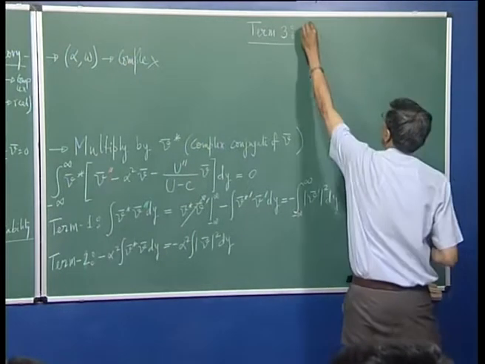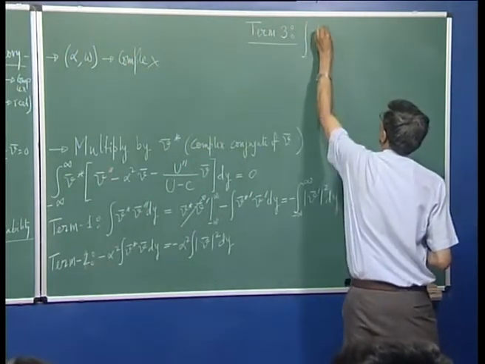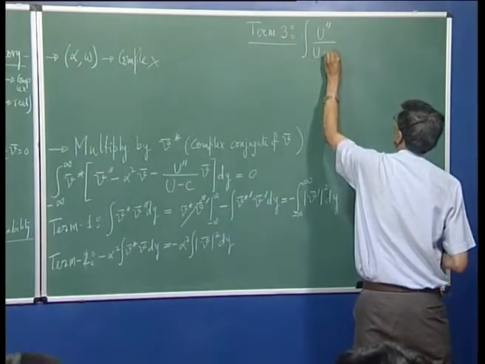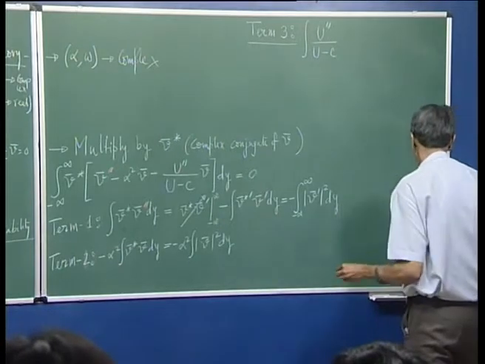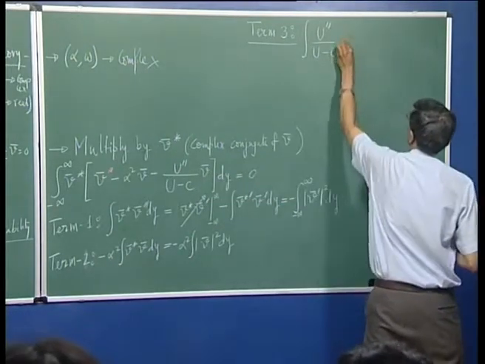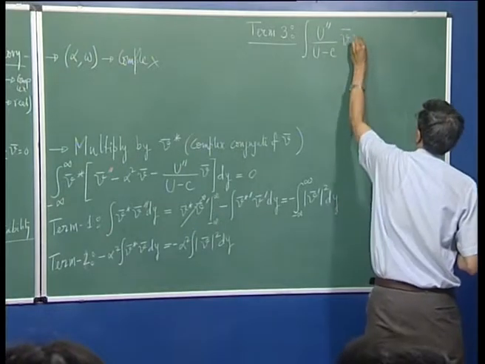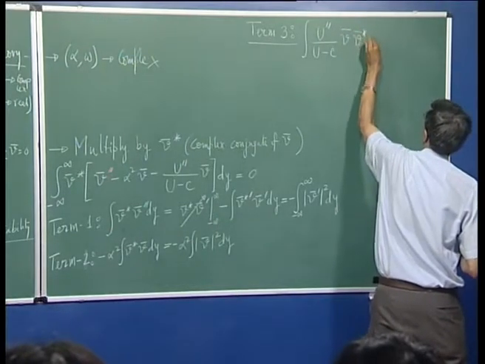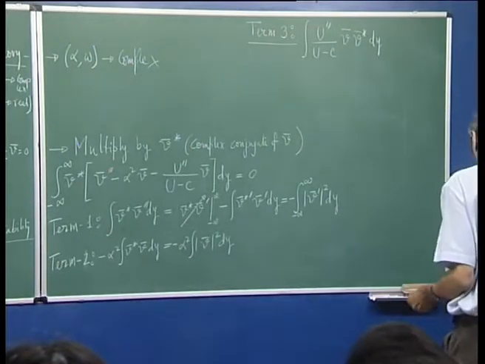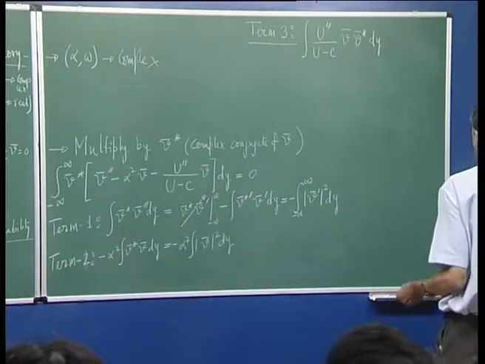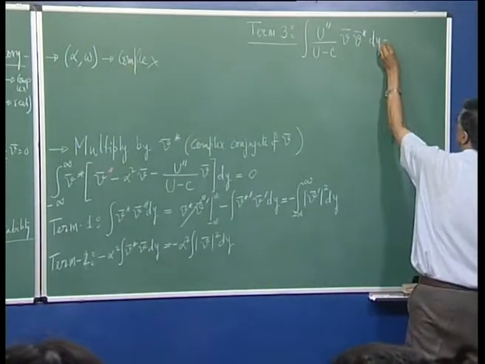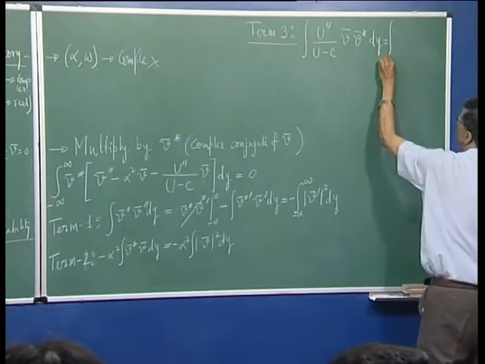So, the third term that we have is this: u double prime divided by u minus c, and then we have v bar and v bar star dy. Well, we can bring in some kind of simplification by doing this.